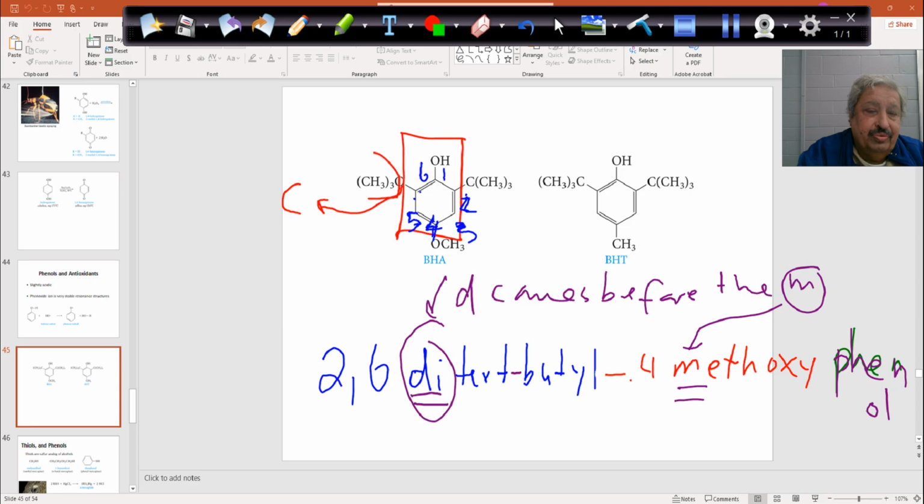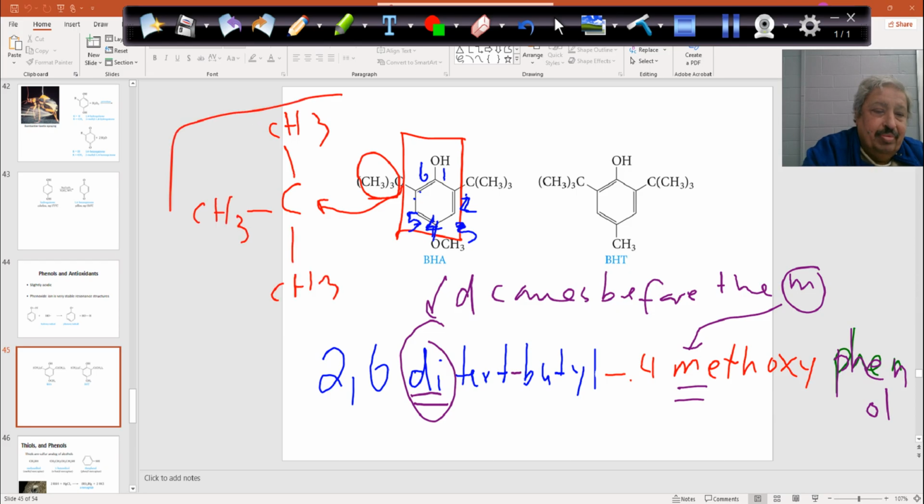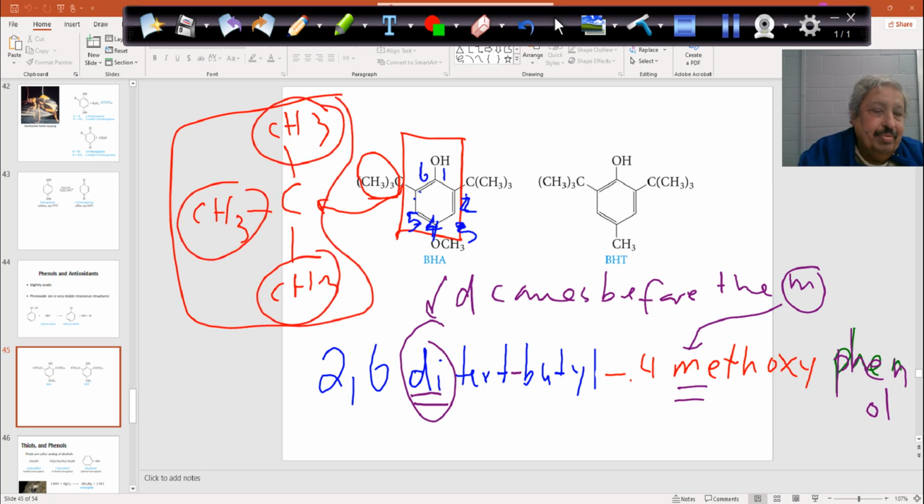And you have 3 of those: 1 CH3, 1 CH3, 1 CH3. In this type of drawing, you have 3 of those connected to 1 carbon. That's tertiary butyl. Why butyl? Because you have 4 carbons, correct? Those are 4 carbons from butane. But now we have all of those connected to 1 of them.